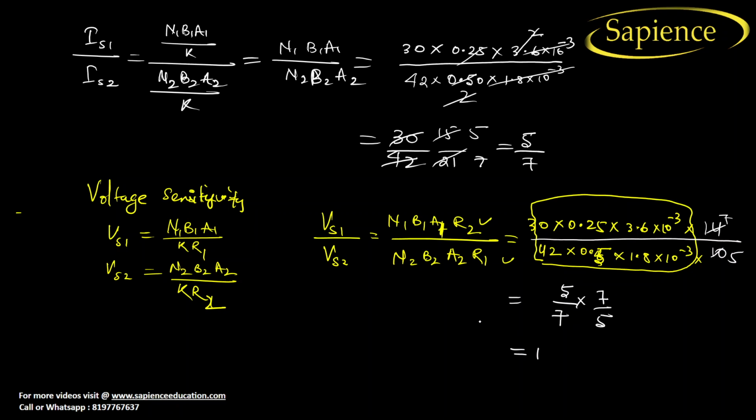So this is the ratio of voltage sensitivity of the coil 1 to the coil 2. And this is the current sensitivity of the coil 1 divided by current sensitivity of the coil 2, right?